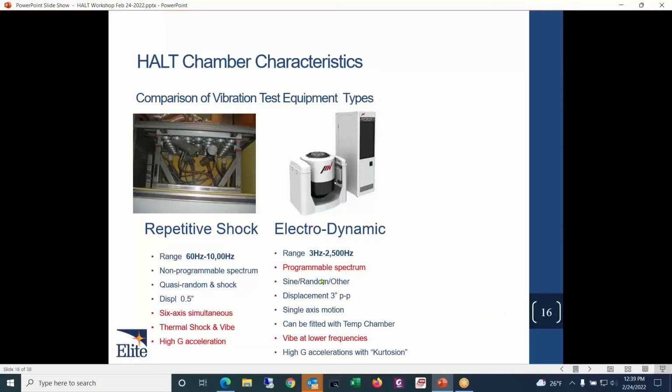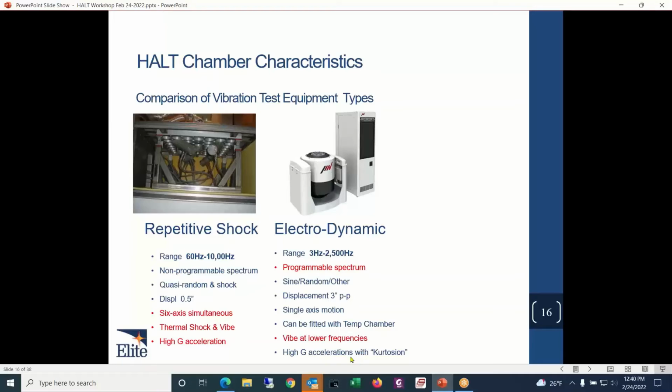So an electrodynamic shaker provides this programmable spectrum. It provides a little bit more vibration at lower frequencies, and we'll talk a little bit later that in some cases we can even emulate some of the high G accelerations that we see on HALT by using a tool from our vibration controller supplier.